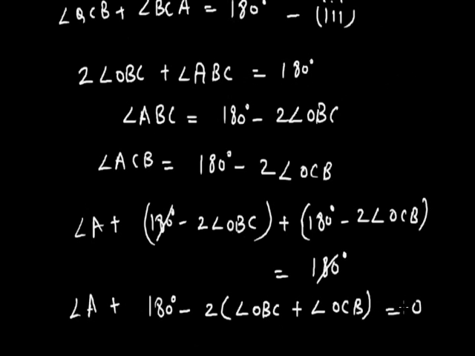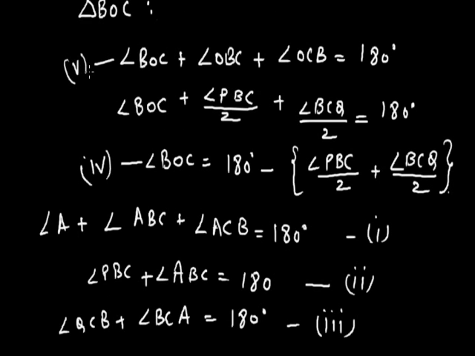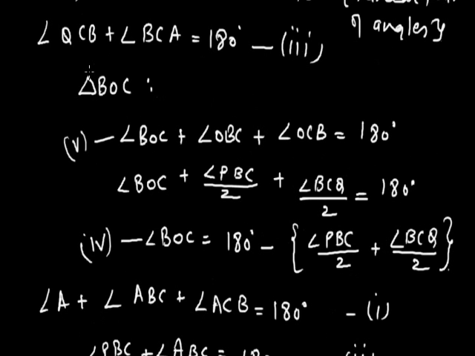Now angle OBC plus angle OCB, from equation number 4 or from equation number 5, which is obtained by applying the angle sum property on triangle BOC, we can see that angle OBC plus angle OCB is equal to 180 degrees minus angle BOC. I am maintaining these two terms, angle OBC and angle OCB, on the left hand side of the equation and taking the term angle BOC on the right hand side.